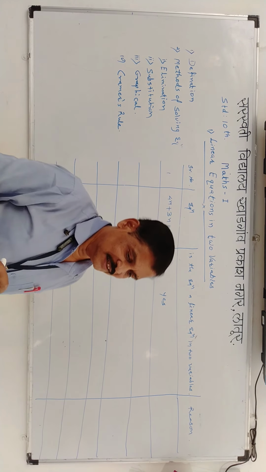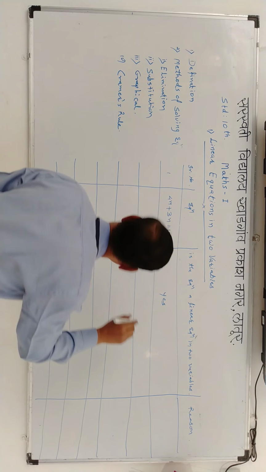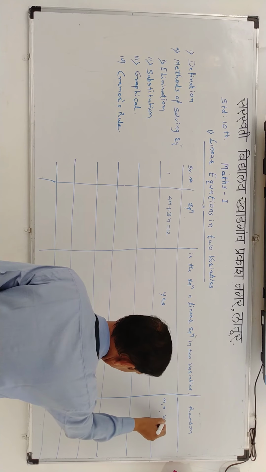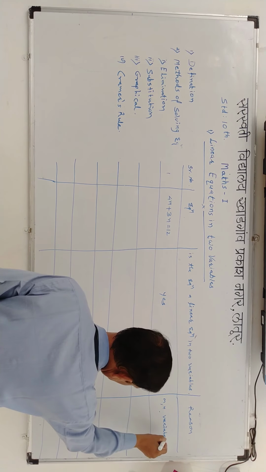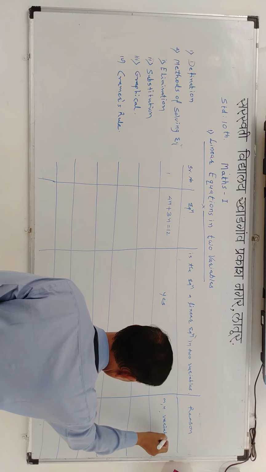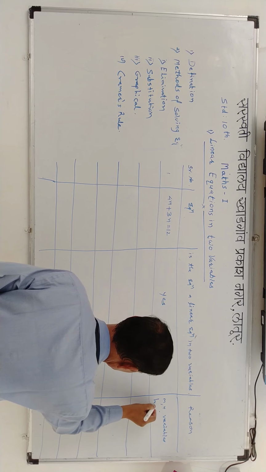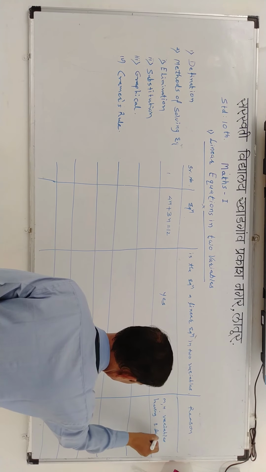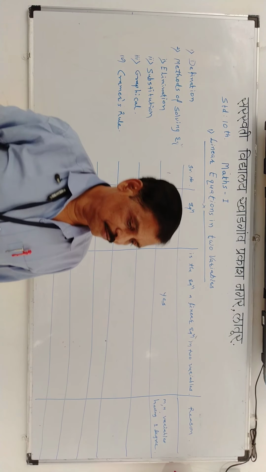There are two variables m and n, each having 1 degree.